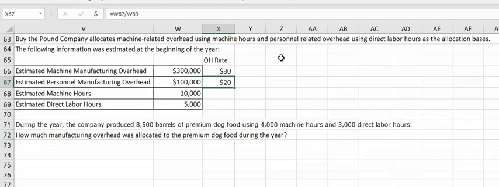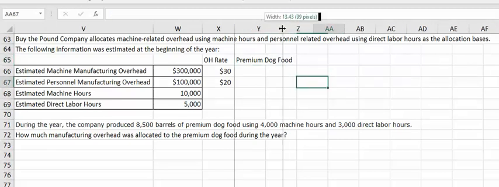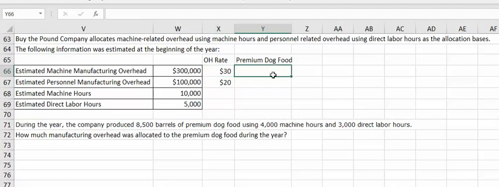So how much actually gets allocated to the premium dog food? It's going to be the $30 per machine hour times however many hours the premium dog food used the machine.